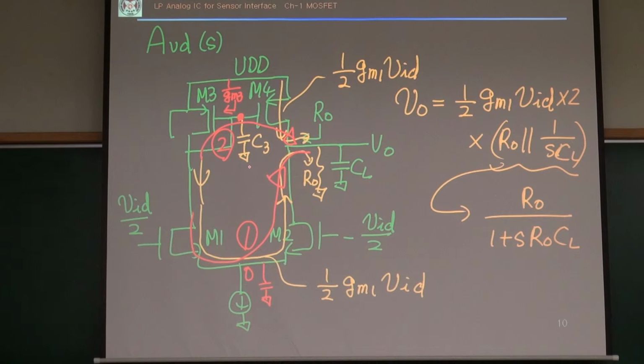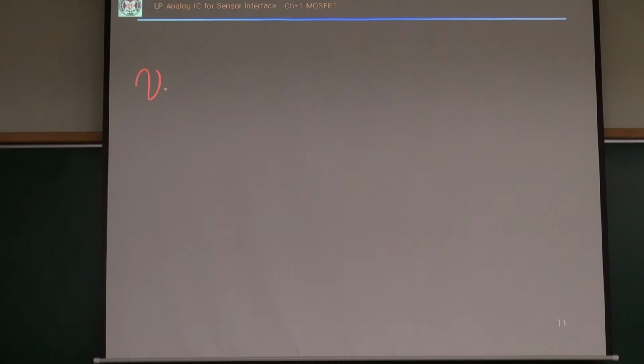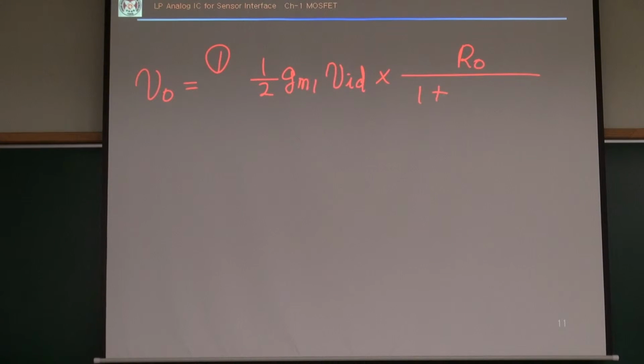Okay? Then my VO changes. So my VO, the lower path, half GM1 VID times that RO parallel CL, okay?